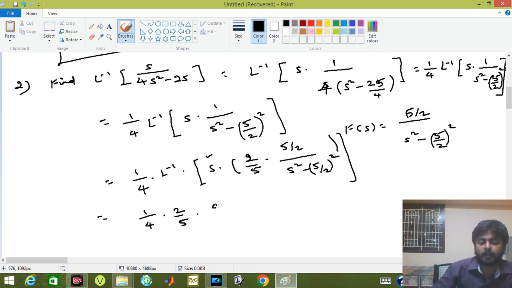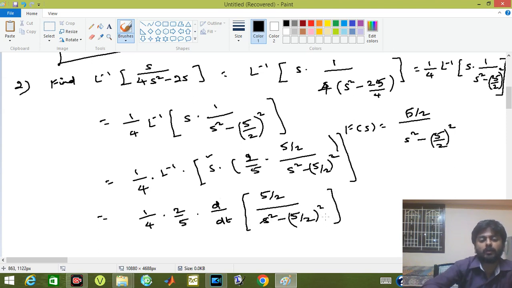Since s is multiplying, instead of multiplying by s, we can differentiate it with respect to t. You will have 5 by 2 divided by s square minus 5 by 2 the whole square.